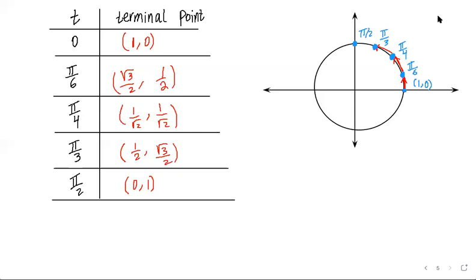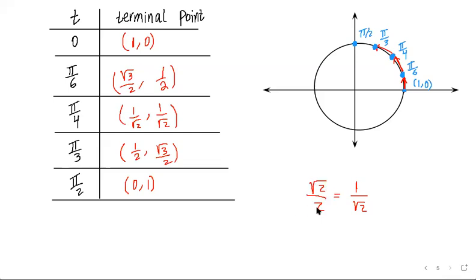Okay, so my question now, find the terminal points. Here, Angel, pi over 4 is square root of 2 over 2, square root of 2 over 2. Yes, but square root of 2 over 2 is the same as 1 over square root of 2. Why? Because we cannot have a radical as a denominator.